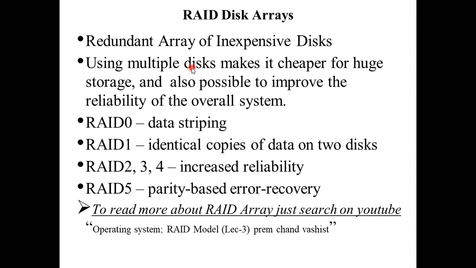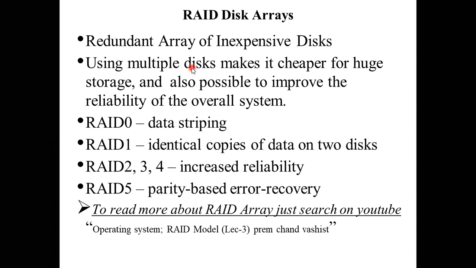For example, take the banking application, or the railway reservation system, or any other system where the information is very crucial. The data of the customer, the data of the enterprise, is very important and costly as compared to the expense spent on purchasing this hard disk or any other disk.